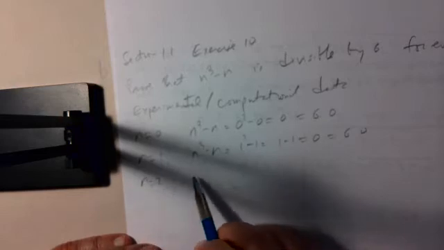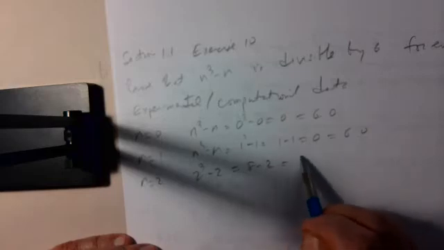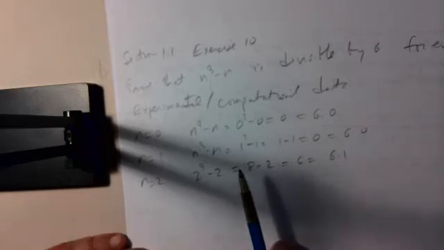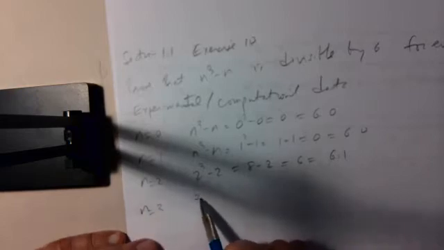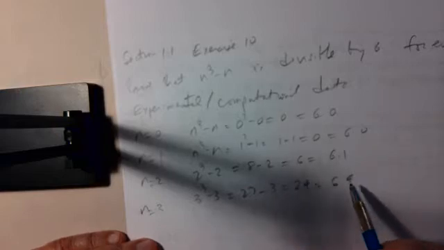What about n equal 2? 2 cubed minus 2 is 8 minus 2 is 6, which is 6 times 1. So again, this number is divisible by 6. What about n equal 3? 3 cubed is 27. 27 minus 3 is 24, which is 6 times 4.